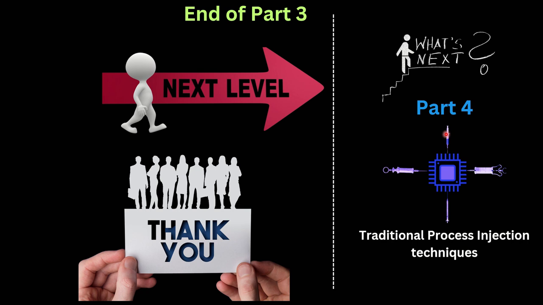We will not be doing a practical, we will be doing a theoretical deep dive where I will show you a QuakeBot malware script that I have handy, that I retrieved during one of my investigations, and what commandlets are there in the script using which the attackers do this DLL injection. We will discuss that, and then your understanding of process injection will become deeper. And when we progress to part 5, where we will discuss the new process injection techniques that were discovered, you will be able to grasp that more clearly.